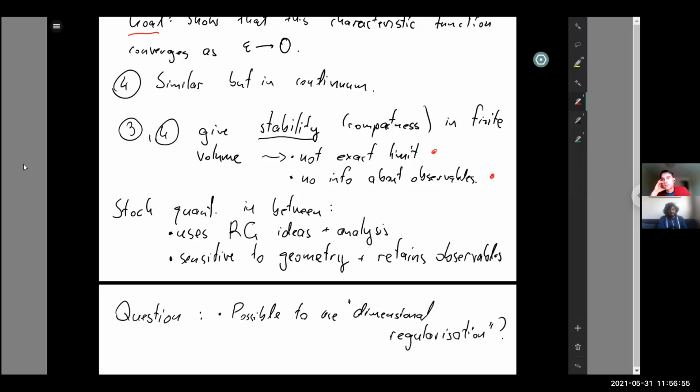And as far as I can tell, maybe someone can correct me, but no one's really shown me, I've never seen dimensional regularization done in a probabilistic manner, right?